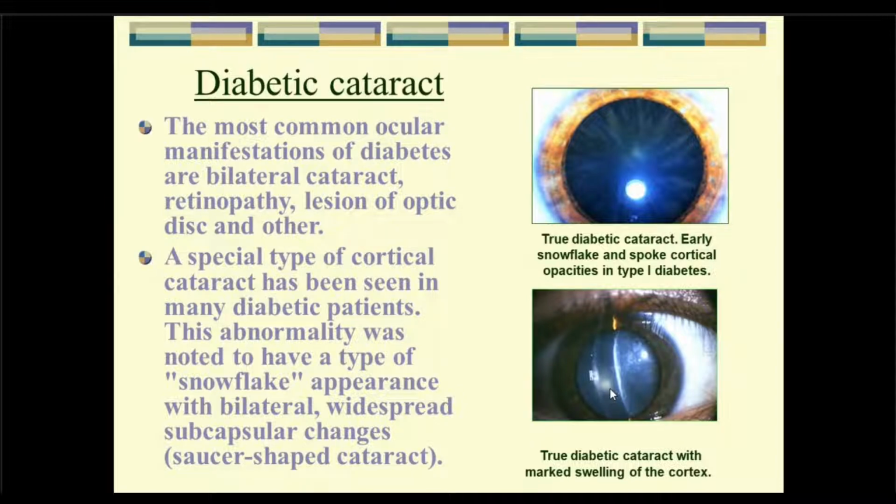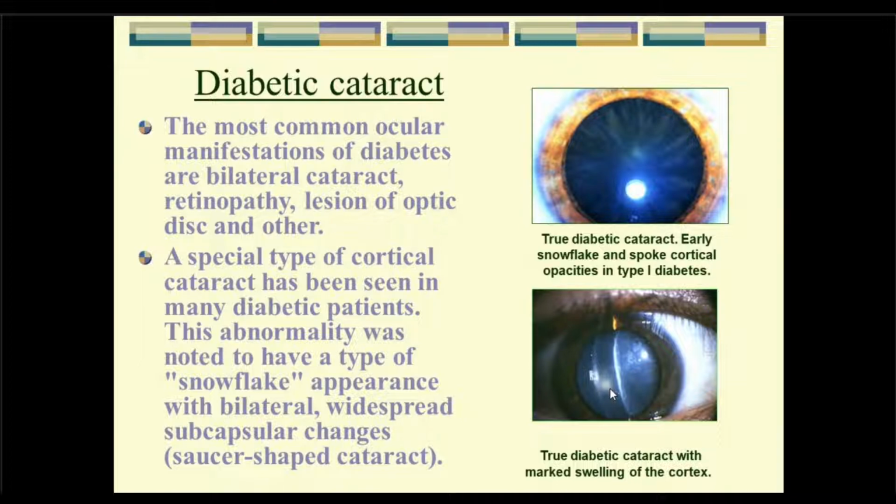True diabetic cataract usually appears in a young patient with type 1 diabetes mellitus or with severe general problems. The most common ocular manifestations of diabetes are bilateral cataract, retinopathy, and lesions of the optic disc.